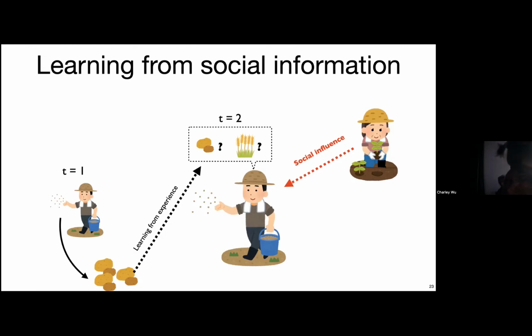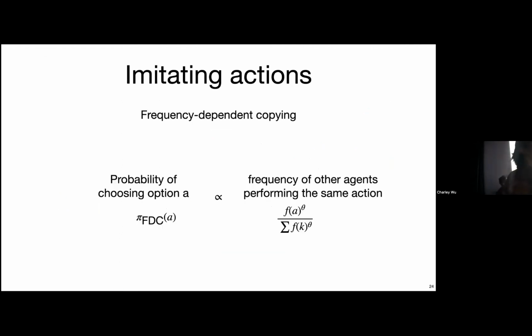So now we can think about what type of social influence plays a role in this reinforcement learning paradigm. As Stefano nicely described yesterday, we can model many different types of social influence in this reinforcement learning framework. But for the beginning, let's start from the basic imitation type of social learning, social influence.